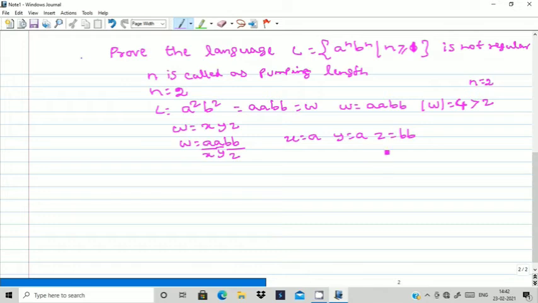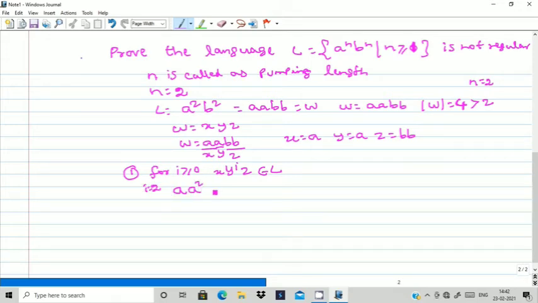I will try to apply the rules. Rule number 1 states that for i greater than or equal to 0, x y to the power i z belongs to the language. Now we apply rule number 1. X is a and y is again a. Let me take i equal to 2.